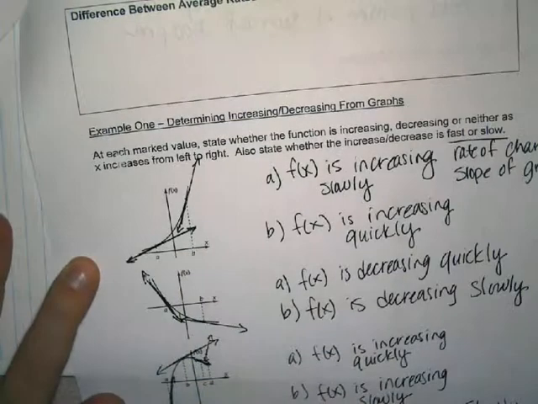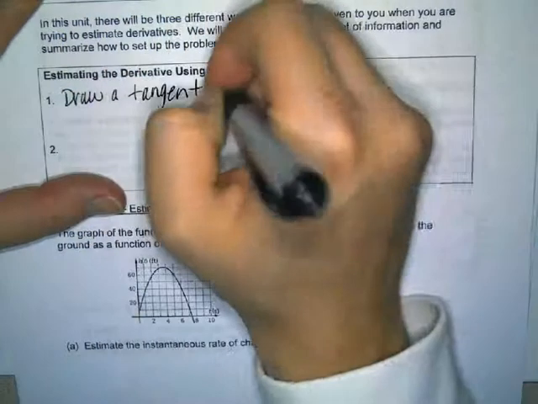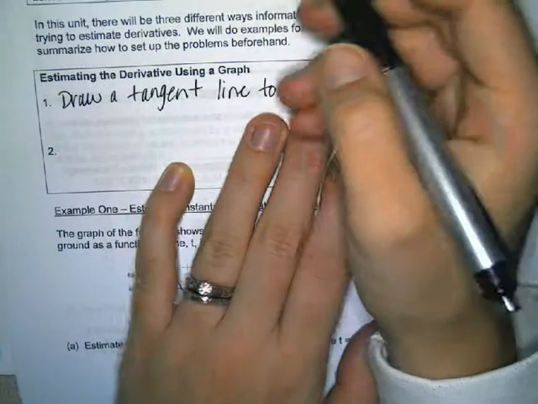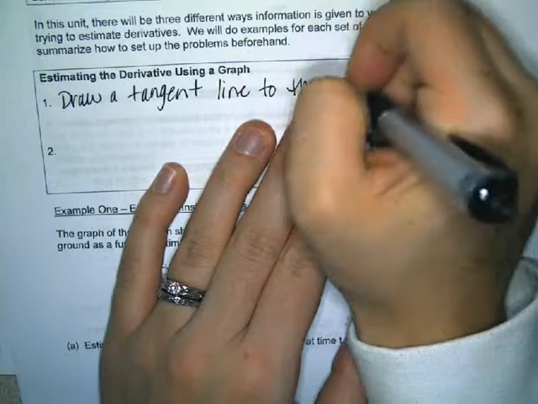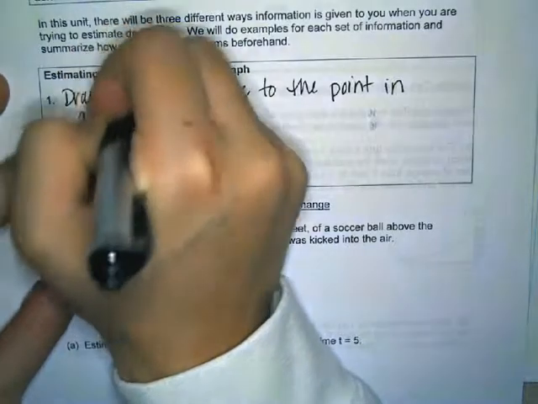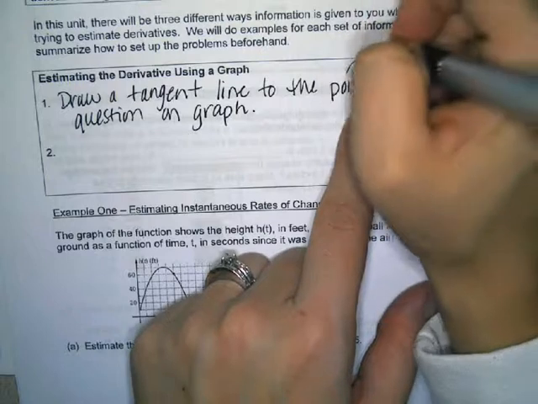Okay? And then when you're given a graph and you're supposed to estimate the derivative, derivative is the instantaneous rate of change, and the rate of change we can look at as also the slope of the graph. So when you're looking at a graph, we can estimate the slope, which is another way to say rate of change, by counting boxes to find rise over run.